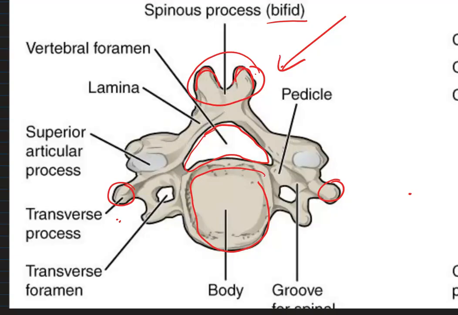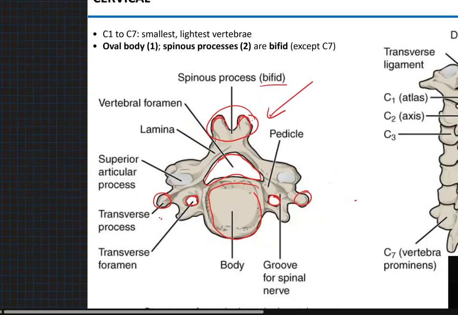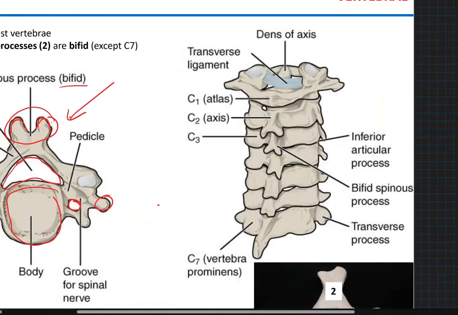And cervical vertebrae have a feature that none other has. They have these openings called transverse foramina. I am challenging you to tell me which cranial nerve goes through those openings.